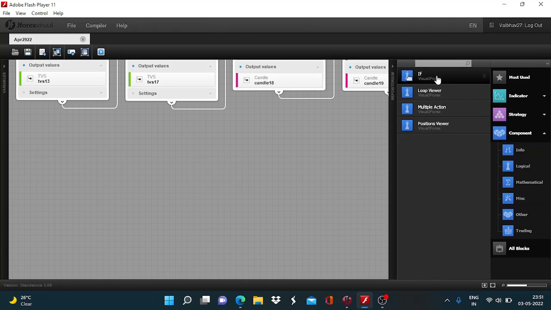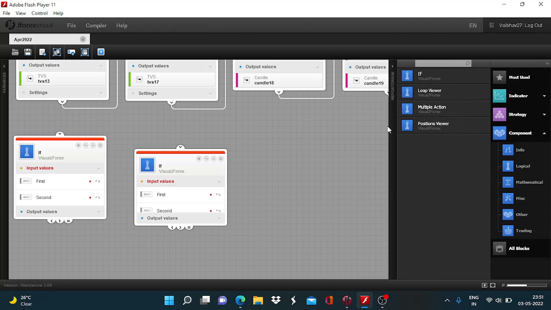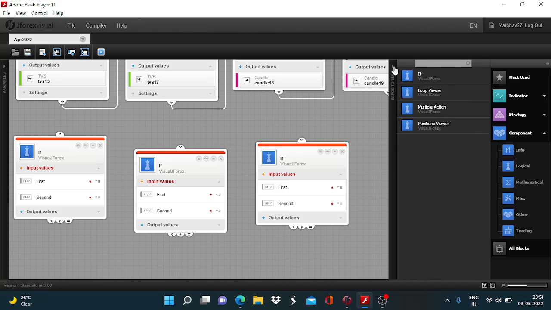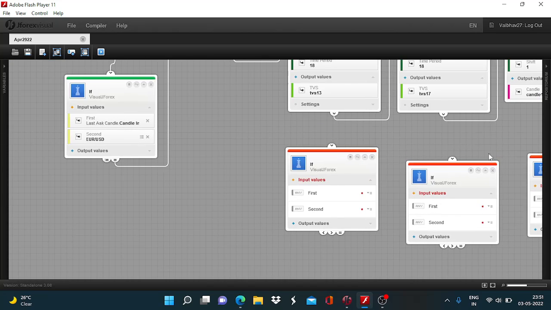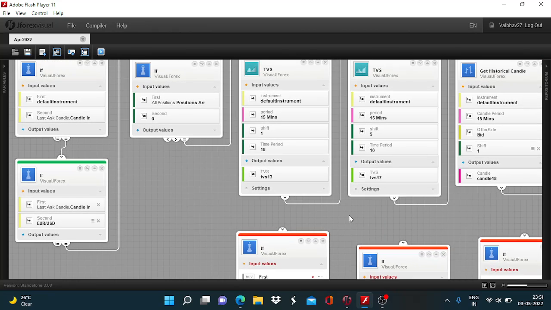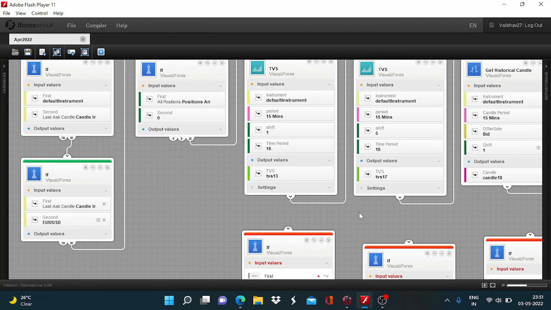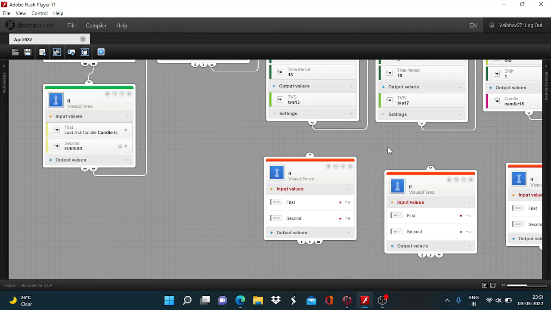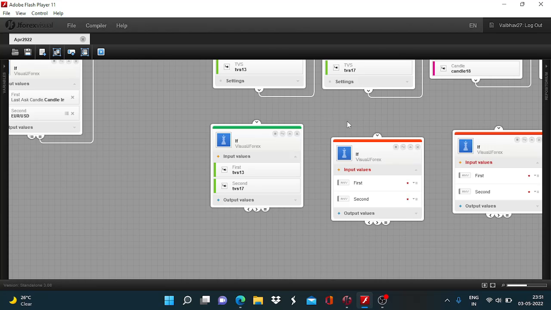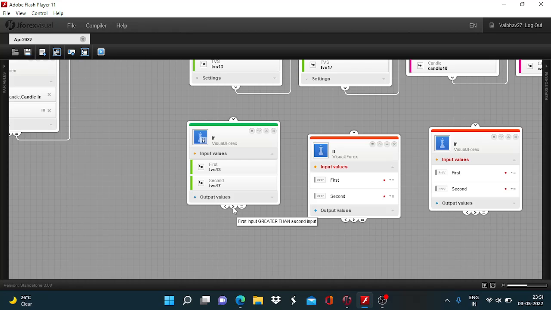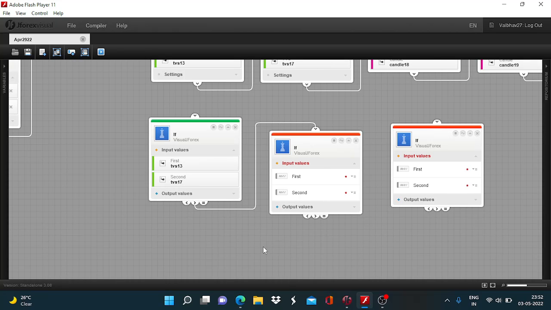Now we have to start defining the conditions. We need the TVS values to start rising. So for that we will need the TVS 13 to be greater than TVS 17. This is going to be first input greater than second input. All right.